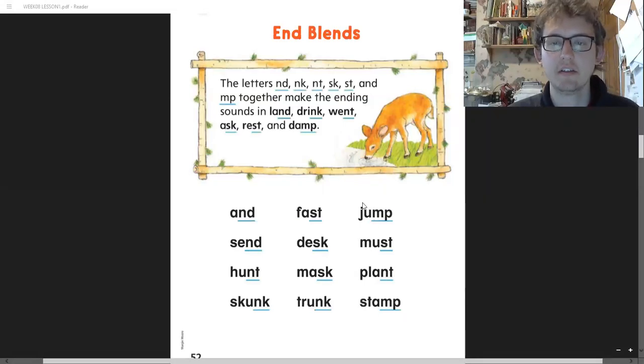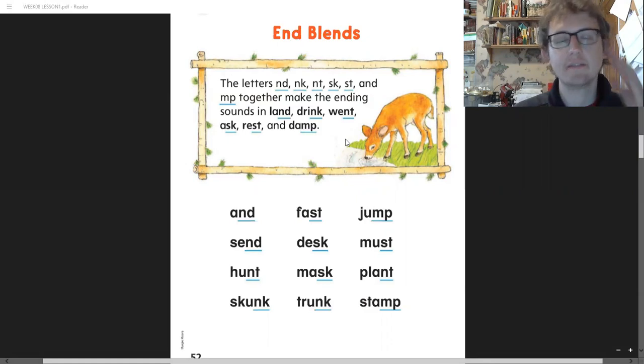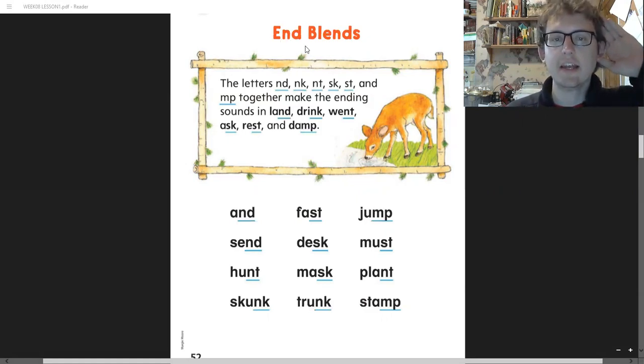Okay, so let's read all of this together now. And blends. The letters ND, NK, NT, SK, ST, and MP together make the ending sounds in land, drink, went, ask, rest, and damp.